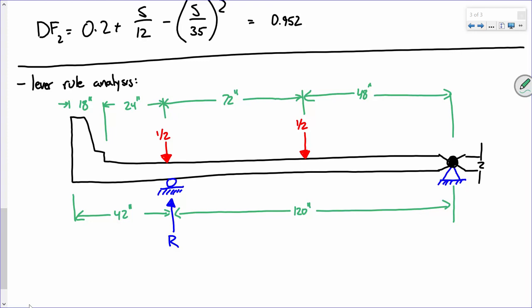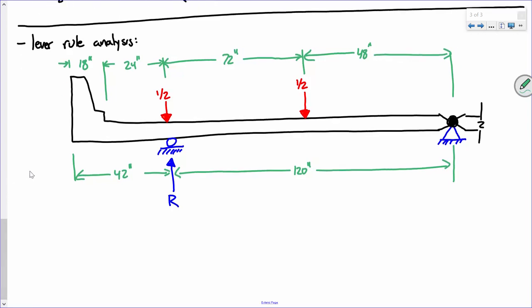Make sense? Okay. So I'm going to sum moments at this hinge to determine that reaction. Yeah, you can do that, I'm just being generic. All right, so far so good?